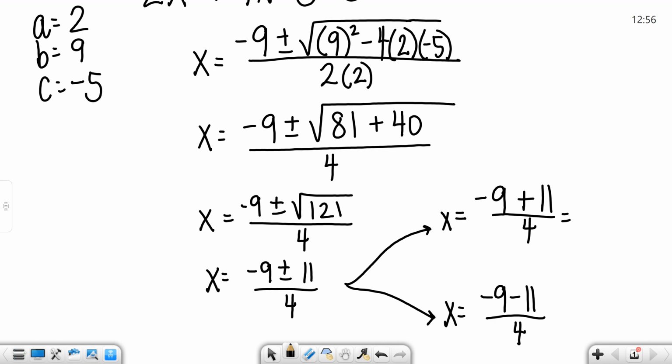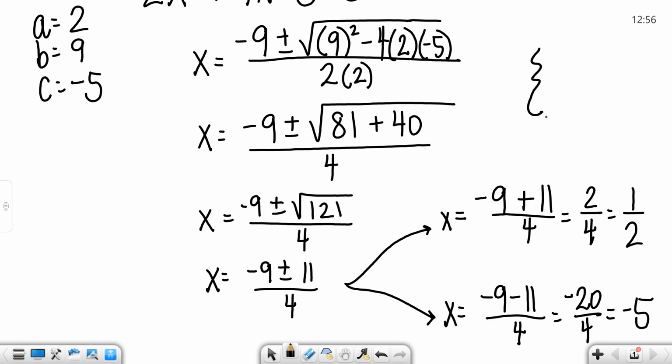So this one gives me -9 plus 11 would be 2. Simplify that and we get 1/2. Here we get -20 divided by 4, which is -5. So my solution set would be -5 and 1/2. If my math lab just asked you for the x values, that's what they are. -5 and 1/2.